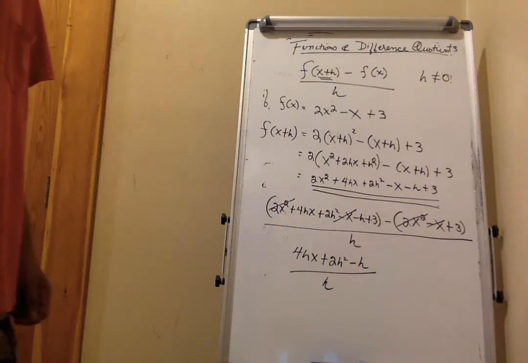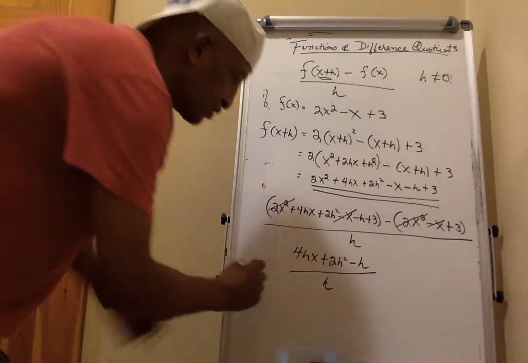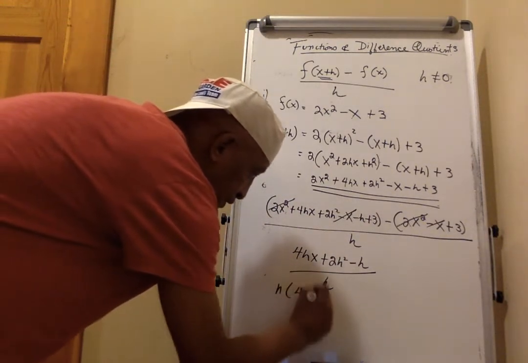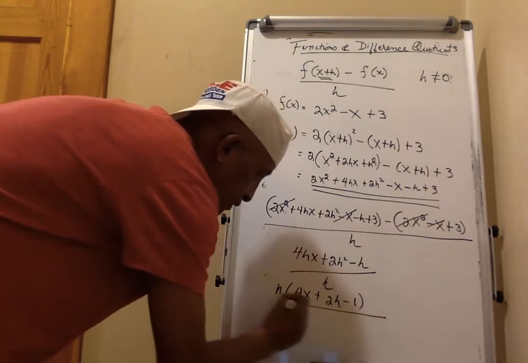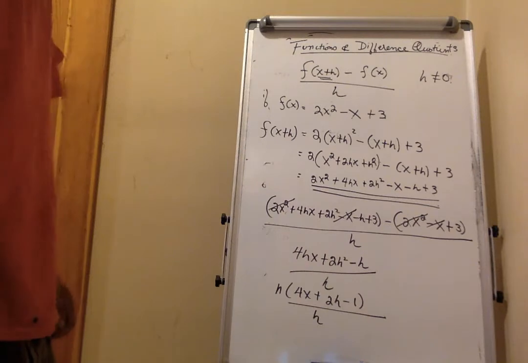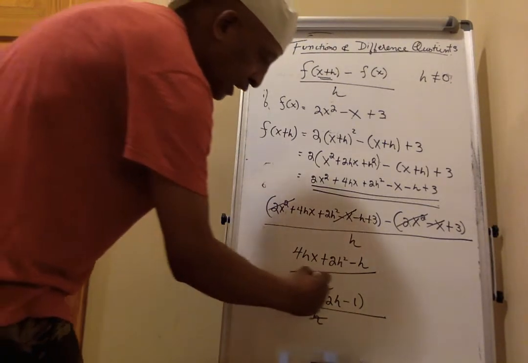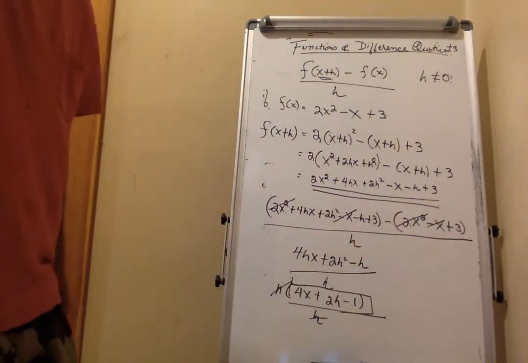Okay. Now, let's simplify this. So we're going to do what? Take h out. So you have h times (4x plus 2h minus 1) over h. And then you take away h from each side. So you have the difference quotient of this function is 4x plus 2h minus 1.